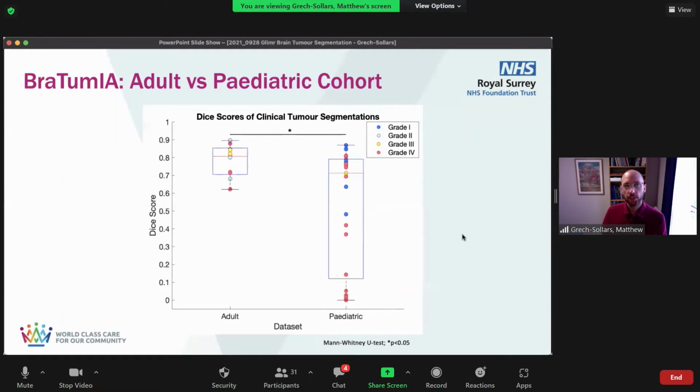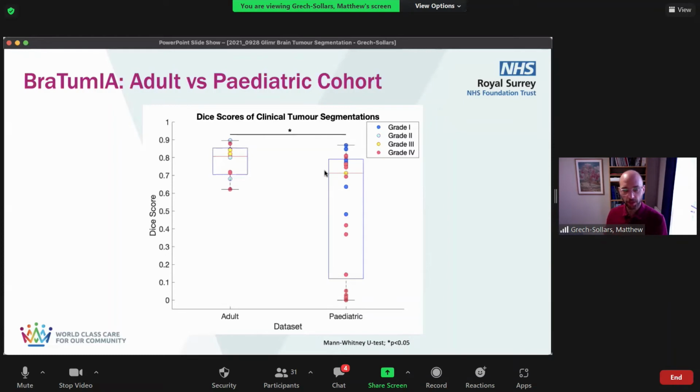Then the other thing is to look at the adult versus pediatric cohort. You'll see that the dice scores were really good in the adult population, and there was a very big range within the pediatric population.